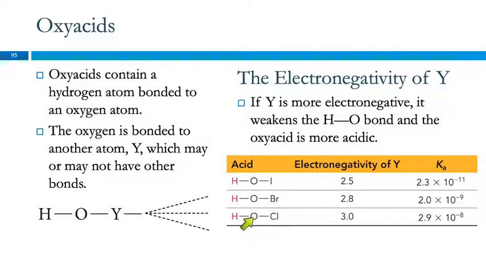It pulls electron density from the oxygen, which pulls electron density from the hydrogen. It weakens this bond. When this bond is weaker, the hydrogen falls off easier. So as this becomes more electronegative, the acid becomes stronger.